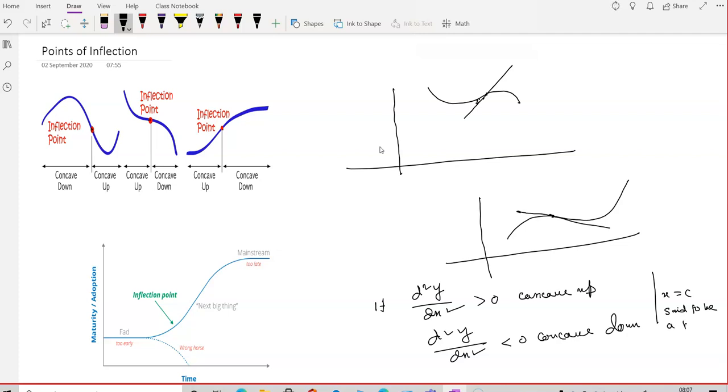So what happens at the point of inflection?